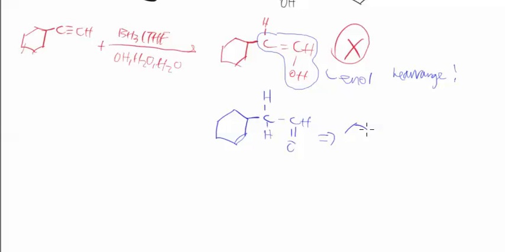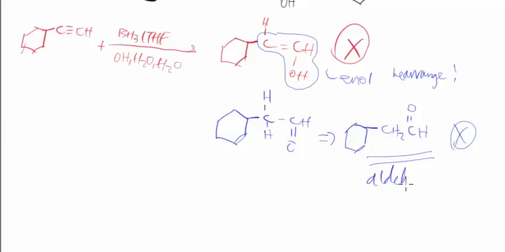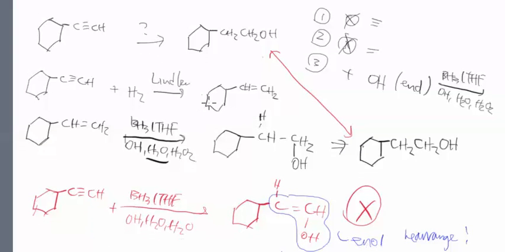So we would have ended up with an aldehyde, CH2, C double bond OH. And this is not the product that we need, because this is the aldehyde form, and what we want from the very beginning up here is the alcohol form.